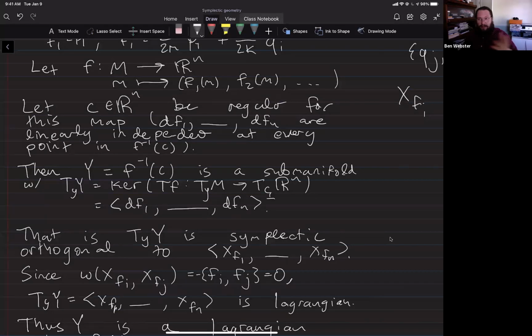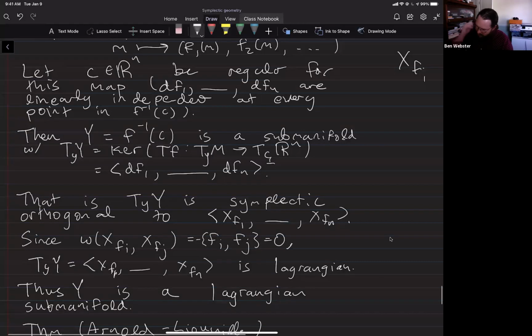This is just general stuff about a regular value of a function to Rn: the tangent space is the kernel of the derivative. You can think of the components of the derivative as df1, df2, df3, etc. So being in the tangent space to that level set is just being perp to all of those.